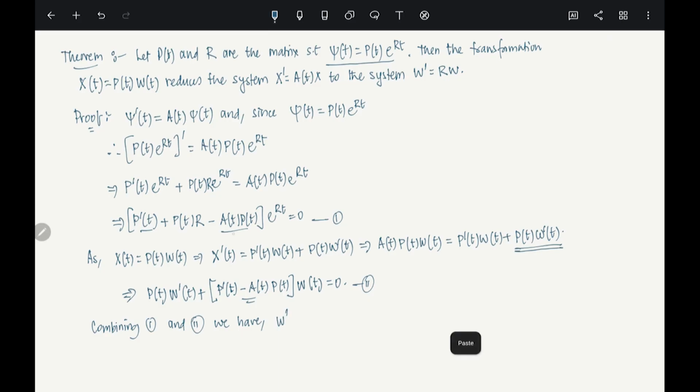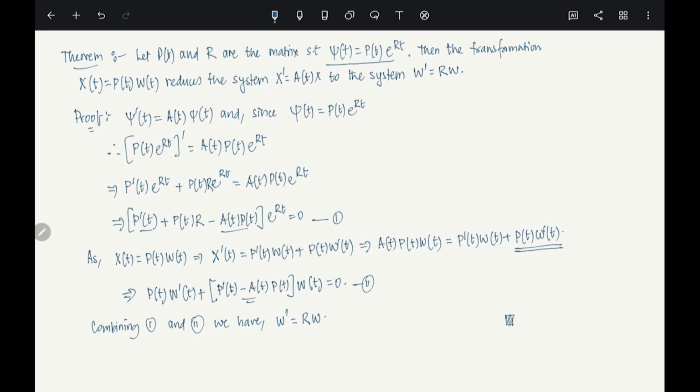P prime minus A P is minus P times R, right? So you just replace it here with minus P times R, and P is a non-zero matrix. So basically it becomes P w prime minus R w equals 0. Then that will imply w prime equals R w. I hope this is clear. So hence proved.